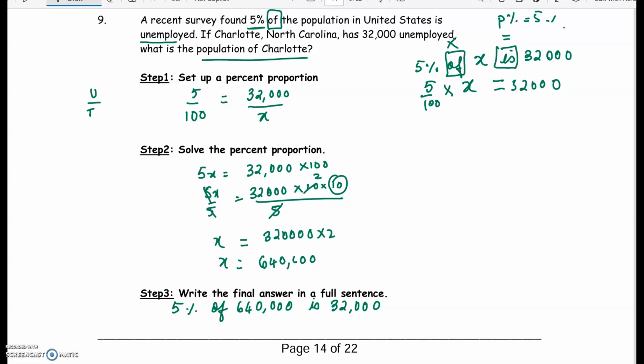So we get rid of 5 over 100 by dividing both sides with the 5 over 100, which is the same as multiplying with the reciprocal. Hundreds cancel, the 5 cancels, but then we have to multiply the right side with 100 over 5. So x is equal to 32,000 times 100 over 5, and we get the exact same answer as before.